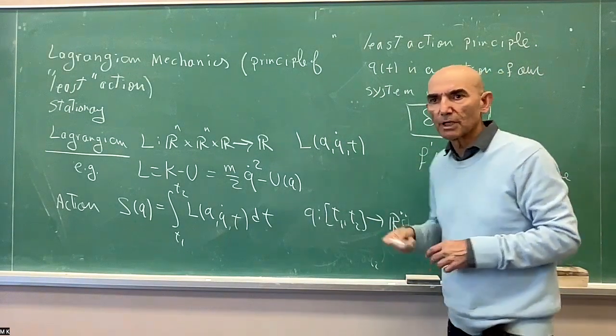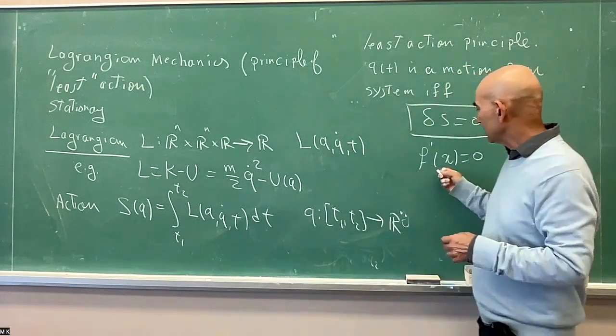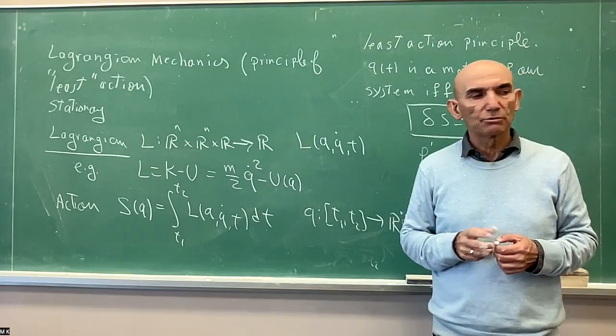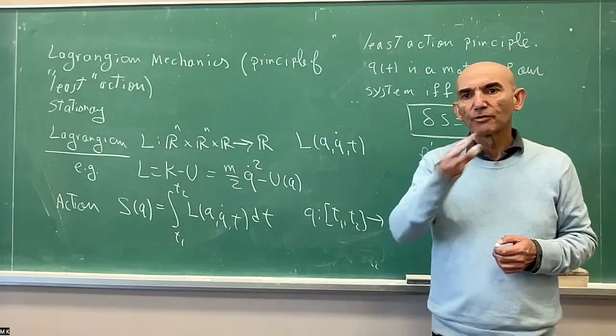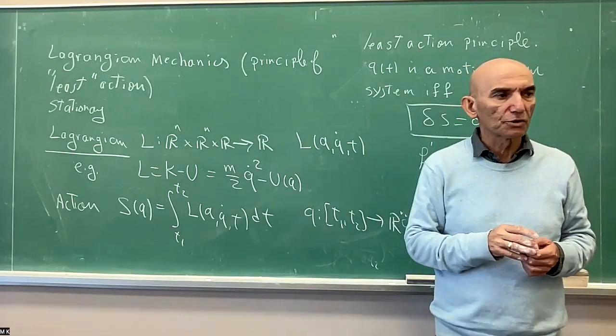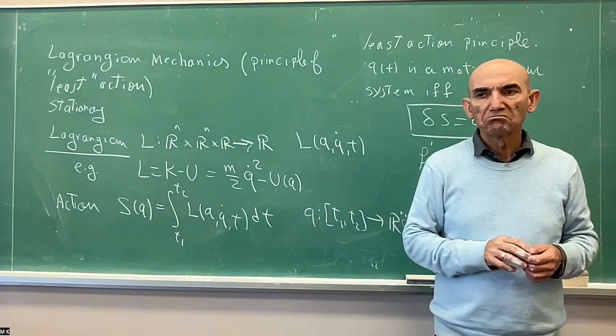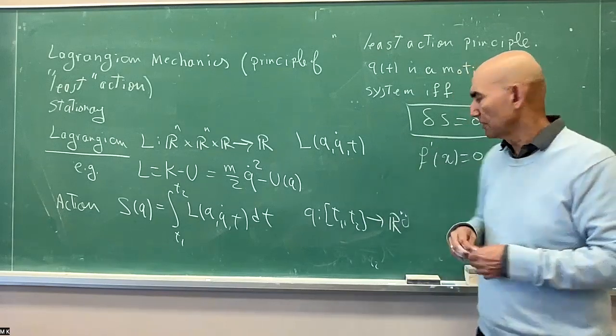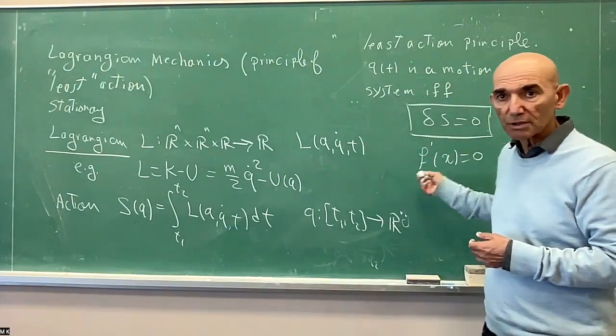This is comparable to that. And of course, this condition, f prime of x equals 0, is a condition that you learn in calculus. For a smooth, C1 function, a point is a maximum, minimum, extremum, or stationary if and only if the derivative of the function at that point is equal to 0.